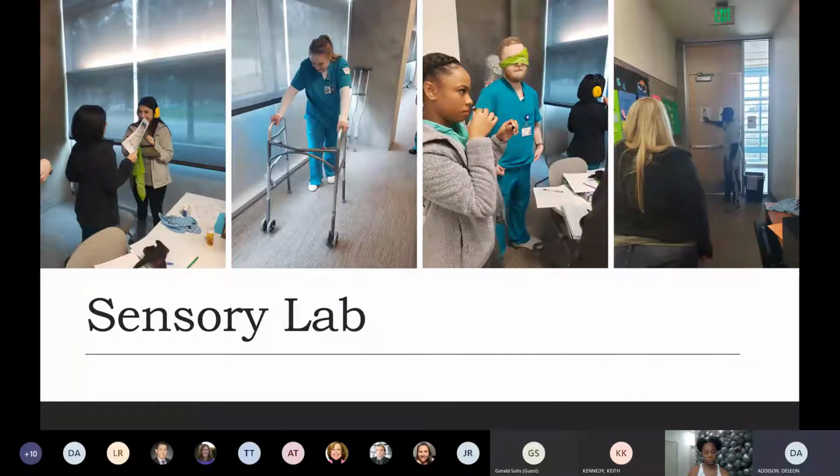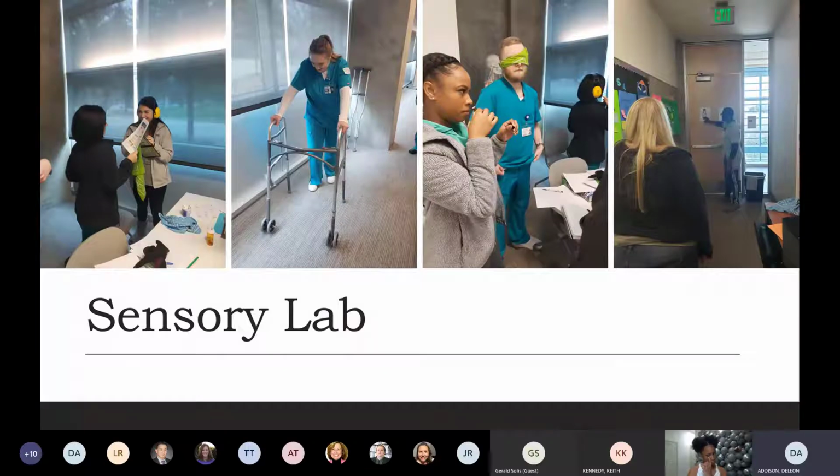And then they have to sit down and talk about how they can plan to take care of a patient who has these deficits. So you see in this picture, the student has on the headphones. She was having to experience the deficit of hearing, and the student that's talking to her is trying to get her to give her a menu order at a restaurant.